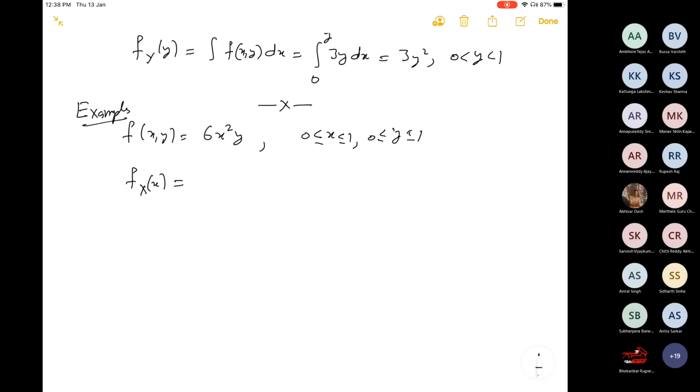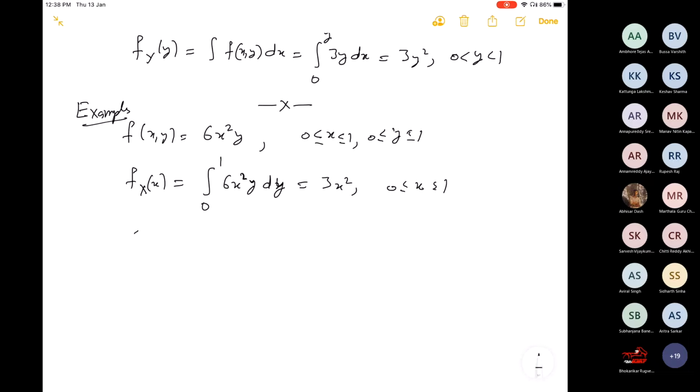Can anyone find out? Yes, 3x square. This is 6 x square into y square by 2, that is 1 by 2. Therefore, it is 3x square, where x is between 0 to 1.